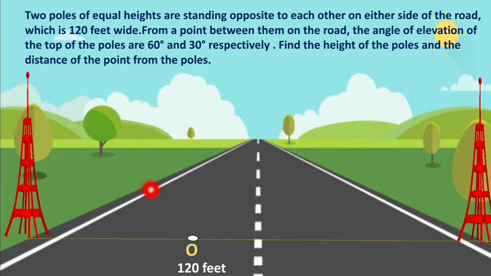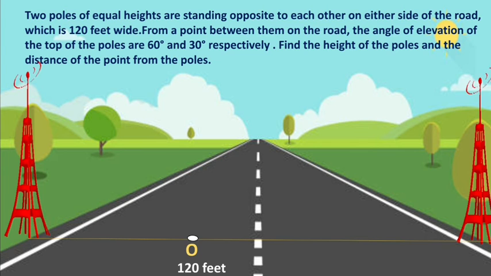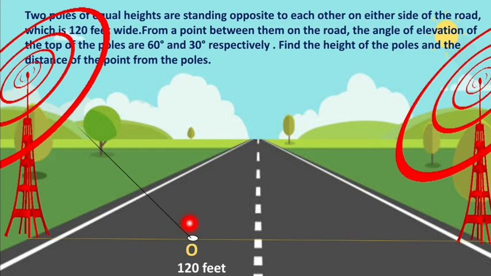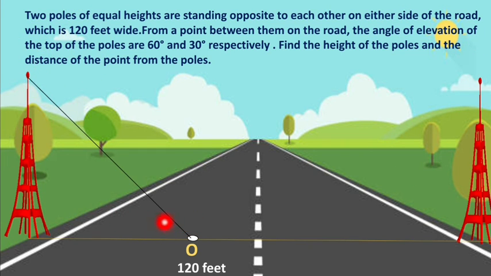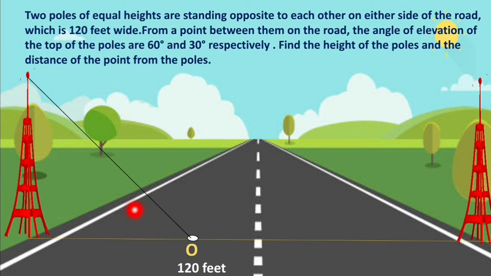Which pole makes 60 degrees angle, which pole makes 30 degrees angle? This is important. Observe that from the left side pole the O point is near. When the distance is low, then when we observe the top of the pole, we get the more angle. When the distance is less, the angle becomes more.